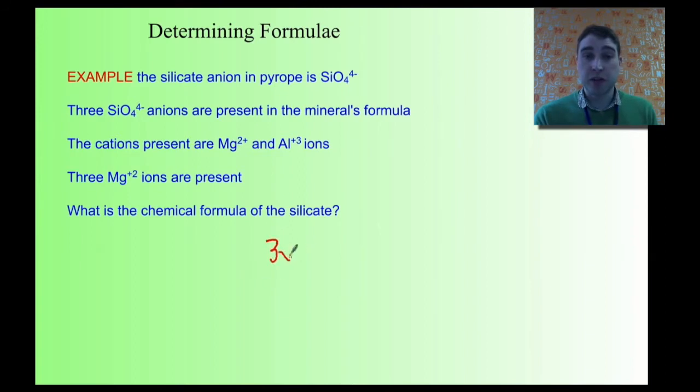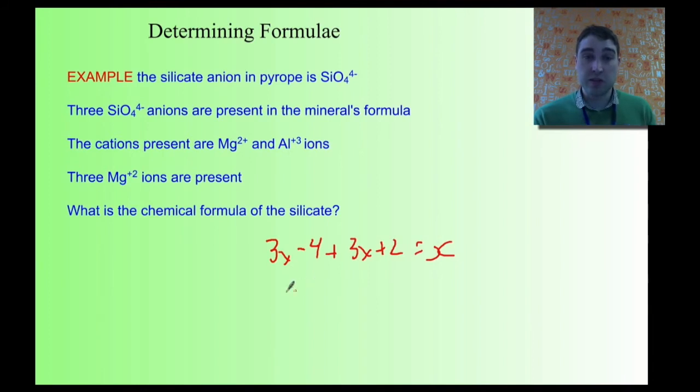So we've got 3 times the charge on the silicate, which is -4. We've got 3 magnesium ions present, so it's 3 times the charge on the magnesium, which is +2. And overall that's going to equal our X, so that's the charge that we need to balance with the aluminium ions.